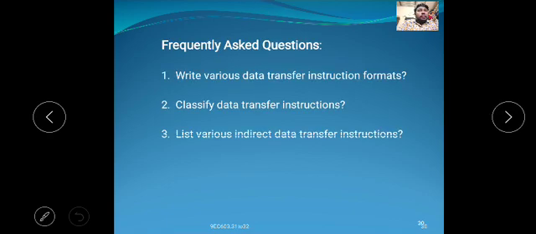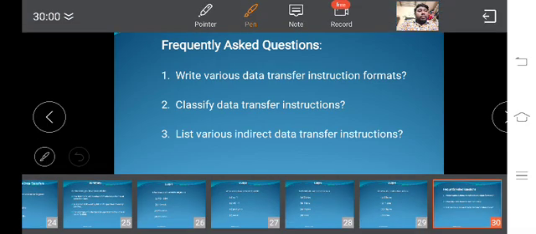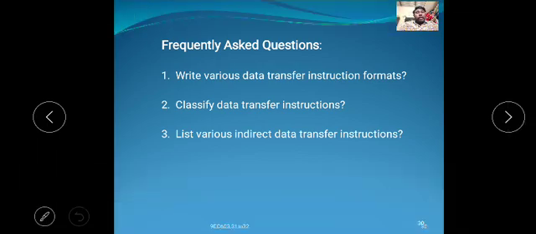Frequently asked questions in this particular topic. Write the various data transfer instruction formats. Classify the data transfer instructions. List the various indirect data transfer instructions.